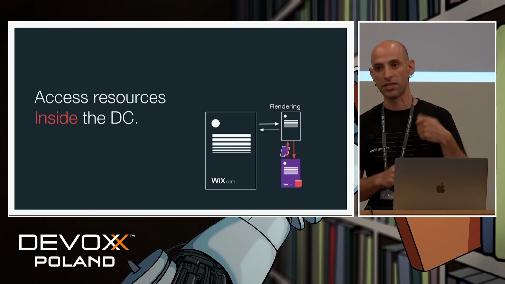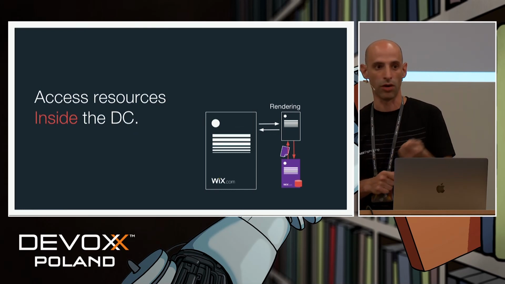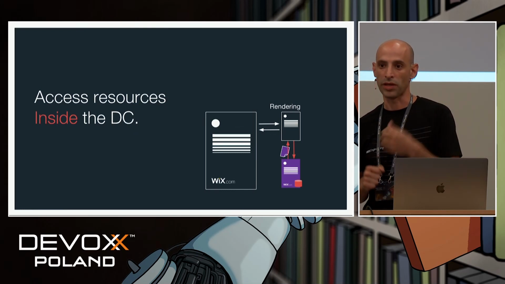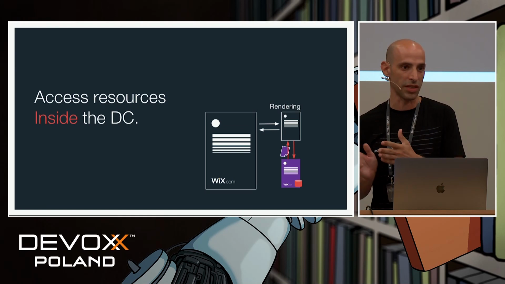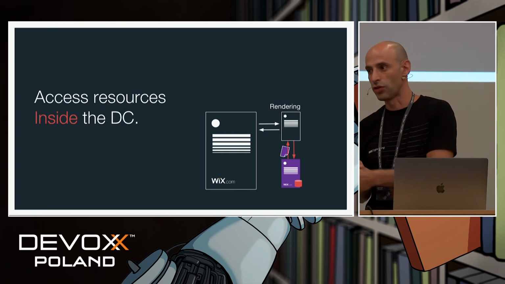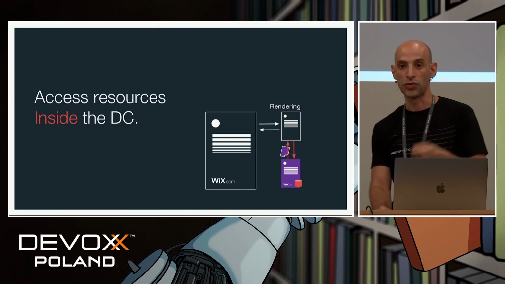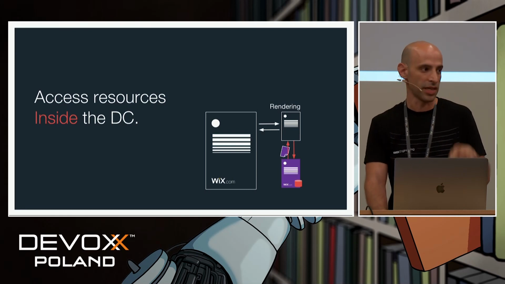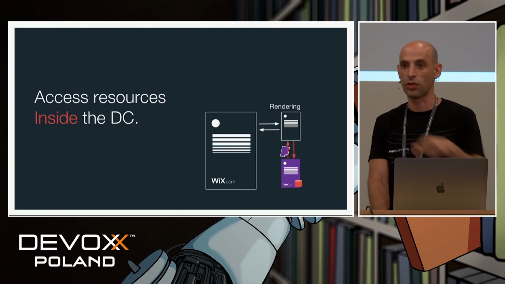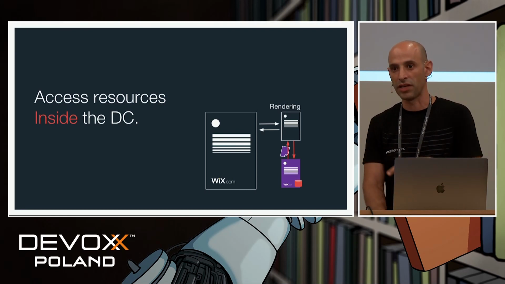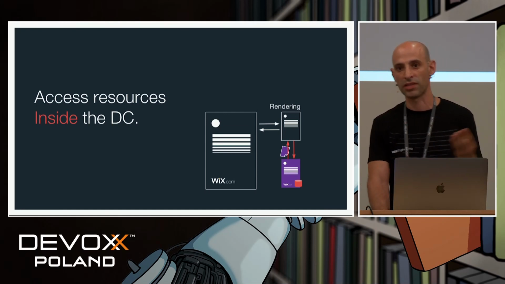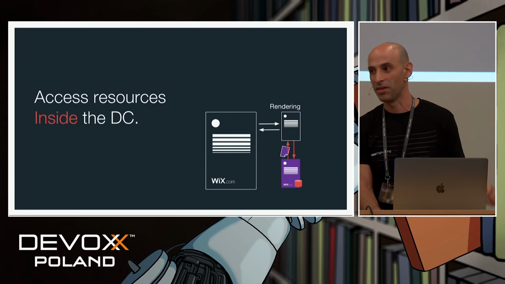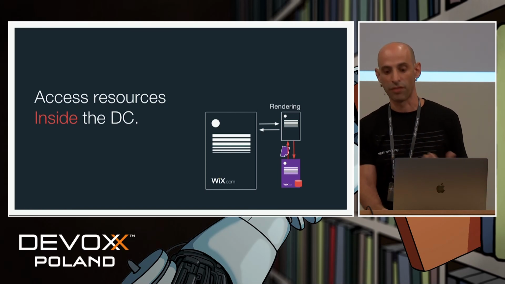So if a client is asking for e-commerce, on the client side we will use the same URL, but on the server we rewrite it to use internal resources. The difference between going through the outside of the data center and going inside it was, I think, 150 milliseconds against 10. So those calls were very expensive.